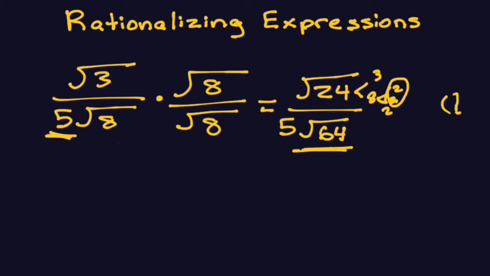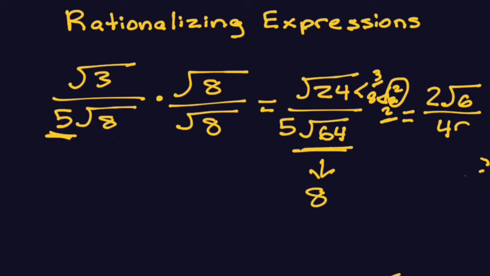So that's a 2 pair, and then a 3 and a 2 left out by itself, right? So the square root of 24 becomes 2 times the square root of 6, and then the square root of 64 is 8, right? So 5 times 8 is 40.